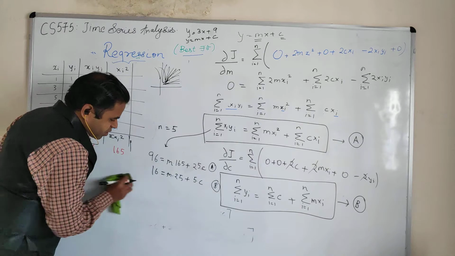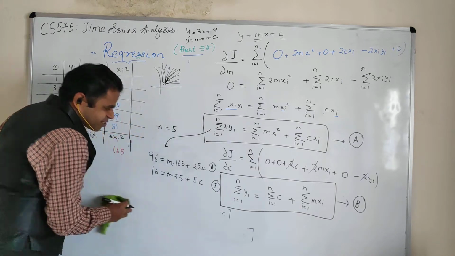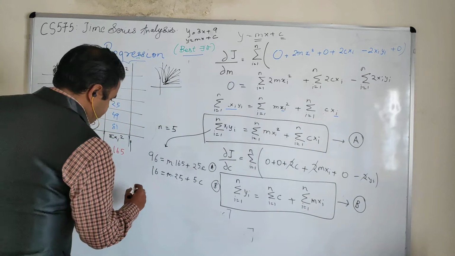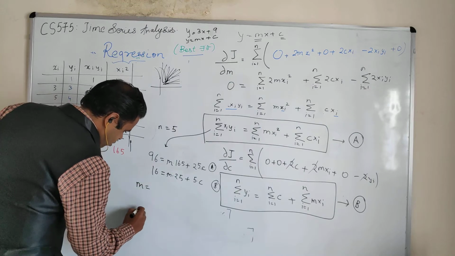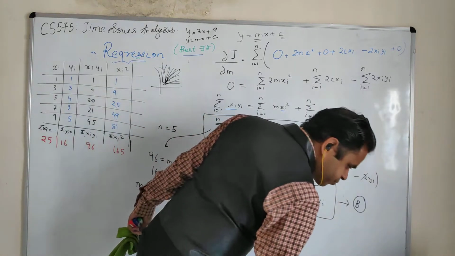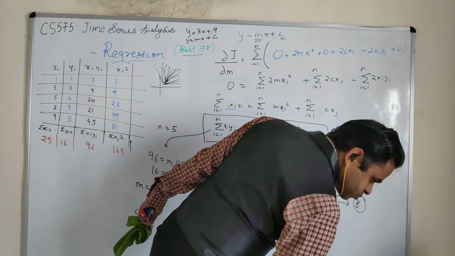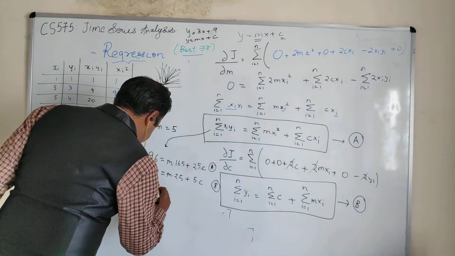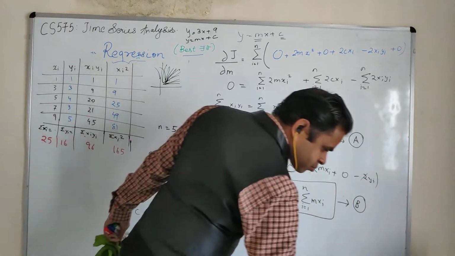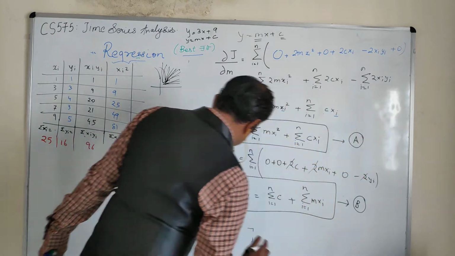Now when you solve here, I am doing it directly, but you can actually try with your hand. The values of m and c come out to be: m is 2 by 5 and c is 6 by 5.